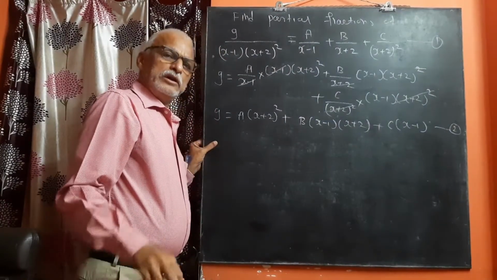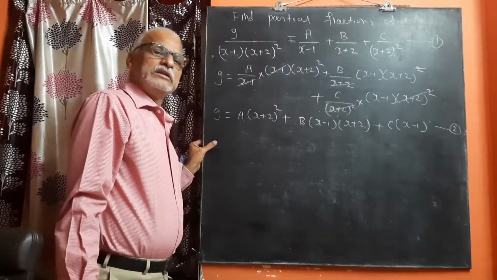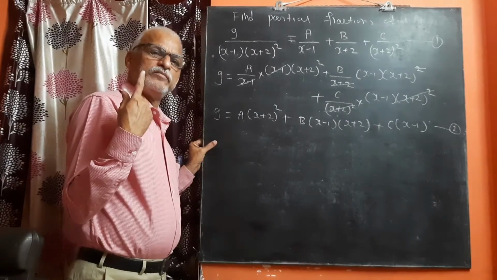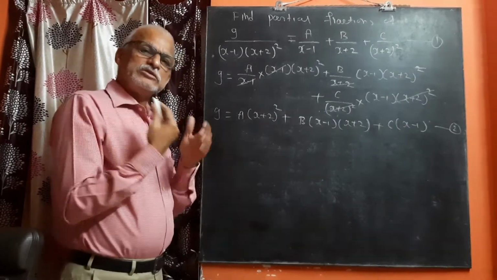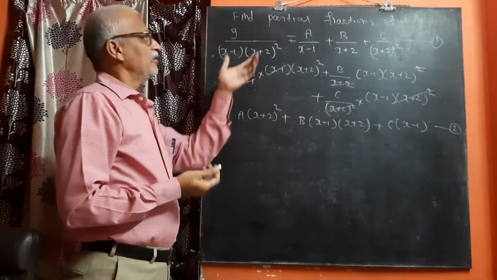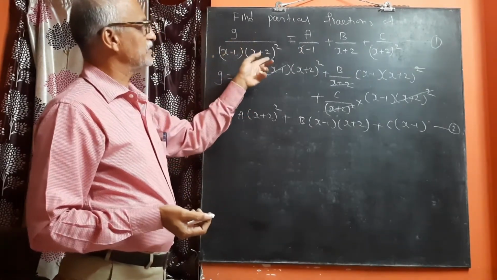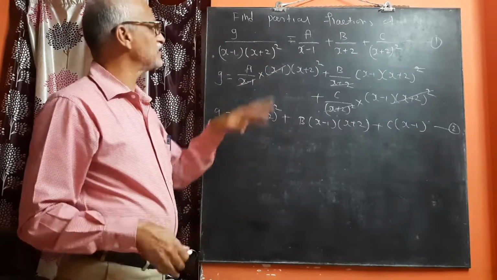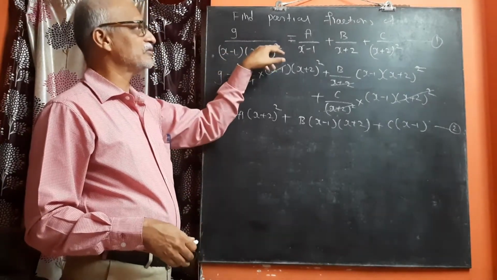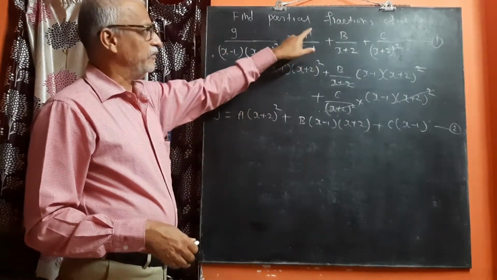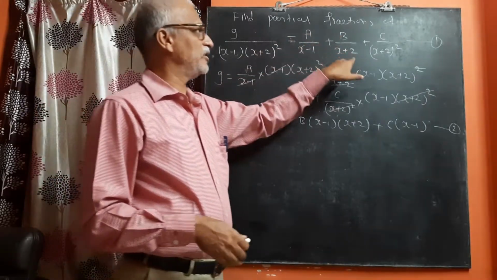In the online exam there will be a one-mark question. They may ask: find the partial fractions of 9 upon x minus 1 into x plus 2 the whole square. The first option is a upon x minus 1, b upon x plus 2, c upon x plus 2 the square.